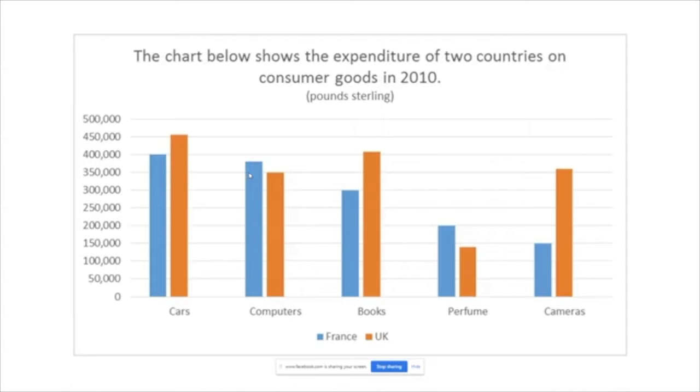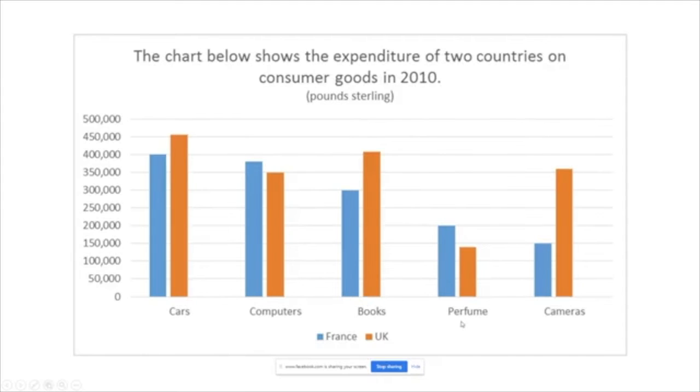What's the second thing? The second thing is we need to see, okay, what do we notice about this graph? What kinds of points could we talk about on here? Now, the thing that strikes me, the thing that I notice straight away is perfume. What do you notice about perfume, guys? What can you see? Can you tell me about perfume?